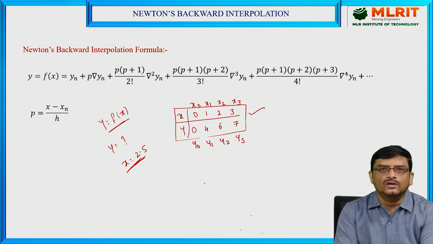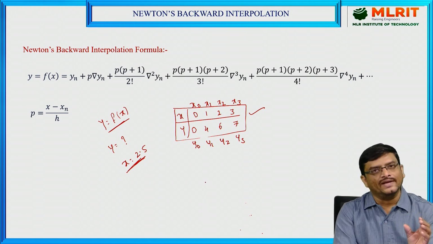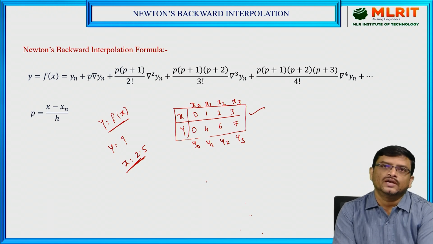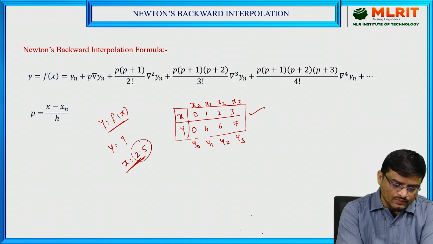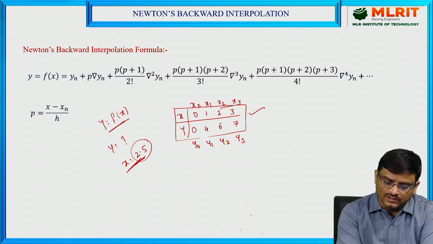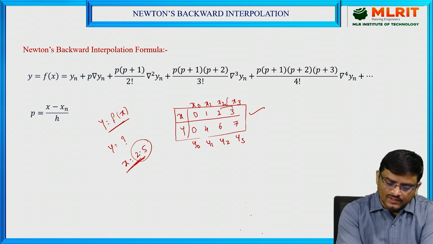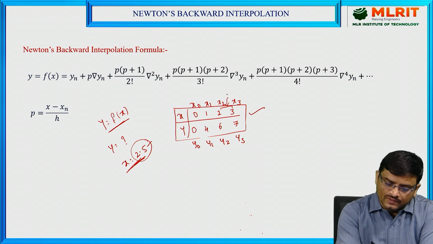First we have to check whether that 2.5 lies in the beginning of the table, the ending of the table, or the middle of the table. It is very clear that this 2.5 lies in between 2 and 3. So the 2.5 lies at the ending of the table.